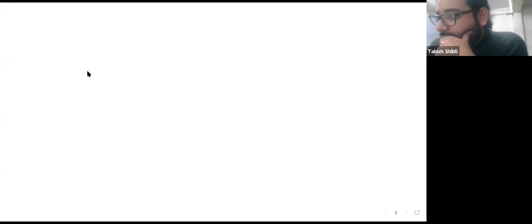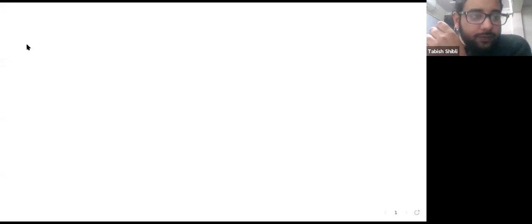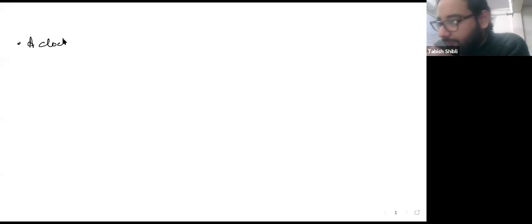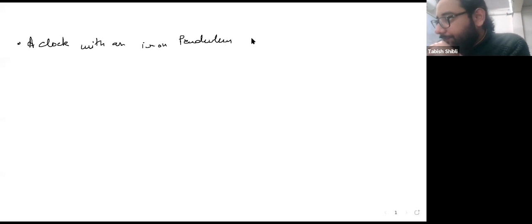Lovely. Okay. Let's do this question. Chalo, I'll write it down. A clock with an iron pendulum keeps correct time at 20 degrees Celsius.